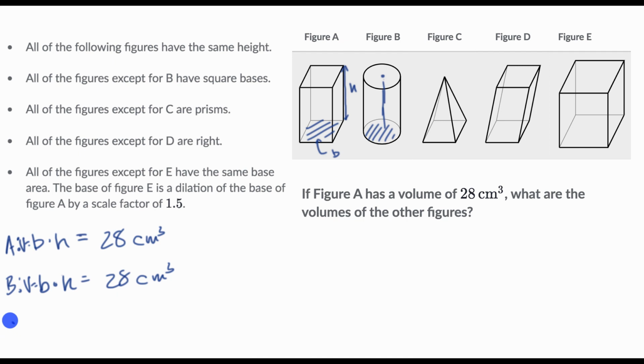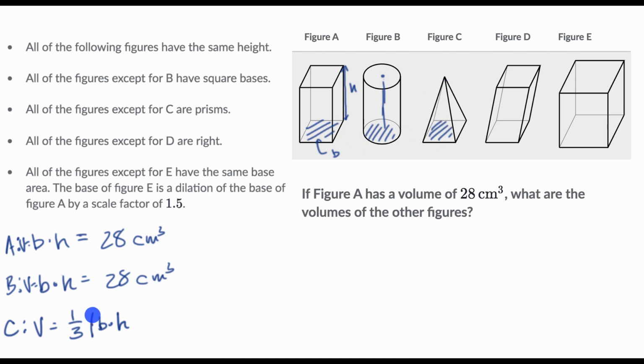Now what about for figure C? What is the volume going to be? What is the formula for the volume of a pyramid? And we've gotten the intuition and proven this to ourselves in other videos. Well, we know that for a pyramid, the volume is going to be equal to 1/3 times base times height. And we know that it has the same base area as these other figures and has the same height.